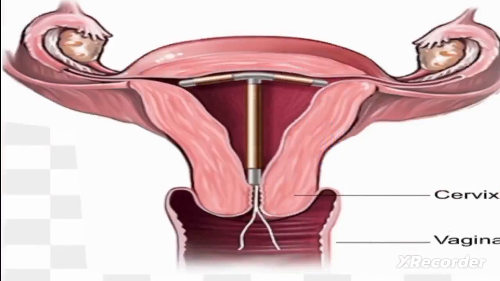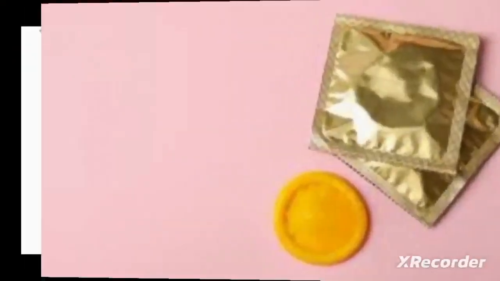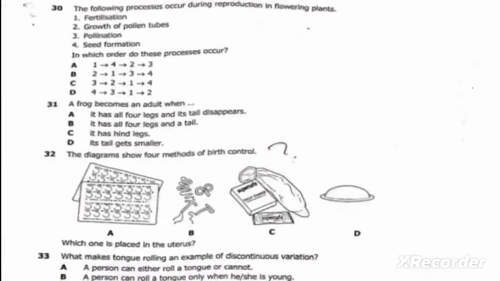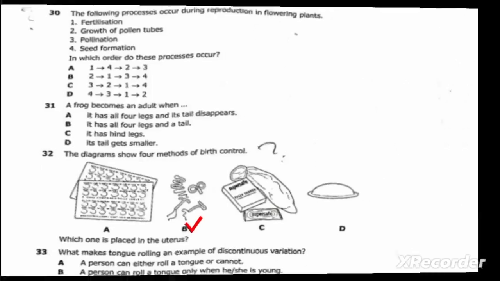So the intrauterine device is the one that is placed in the uterus so that it can prevent penetration of sperms into the fallopian tube or penetration of sperms into the vagina.